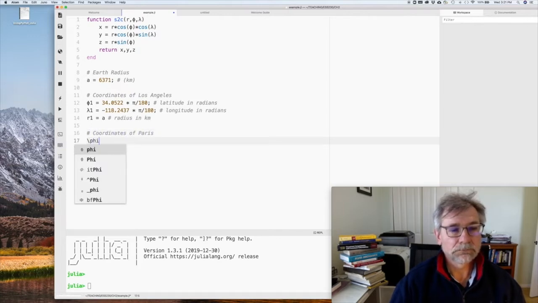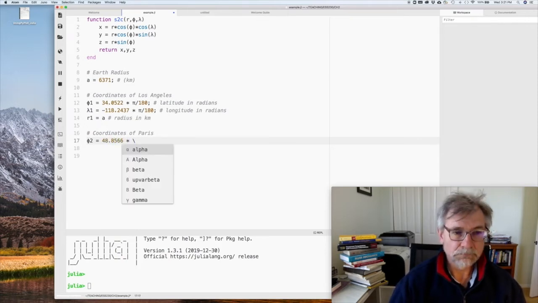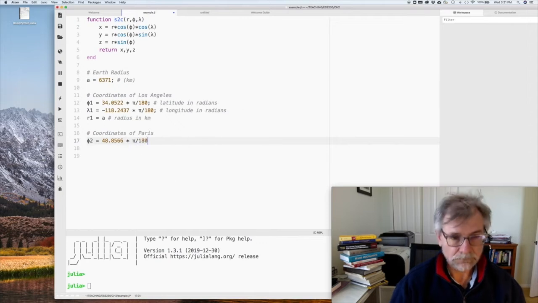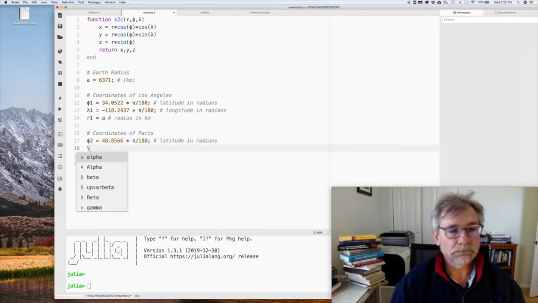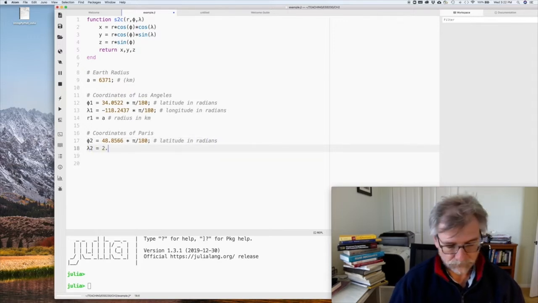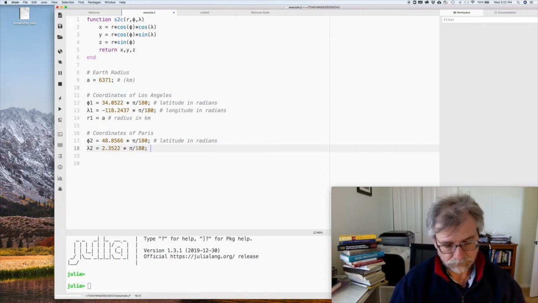Same thing for Paris. 48 degrees north, a little bit further north than Los Angeles, and convert it to radians. Then lambda 2, that's about 2 degrees east, so it's to the east of the prime meridian, so it gets a positive angle measure.